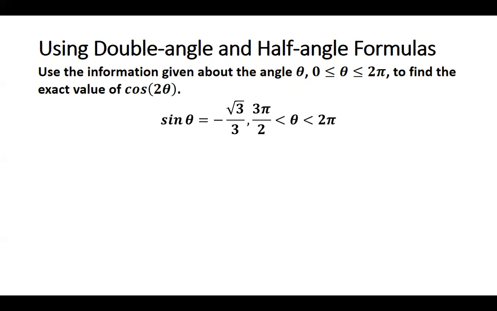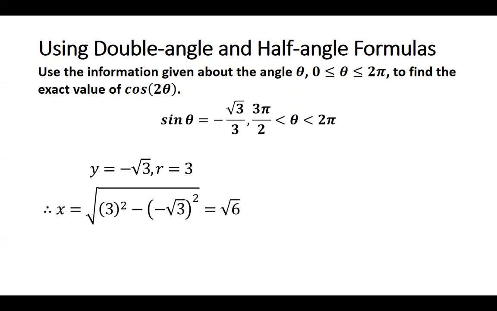So even if we didn't know what quadrant it was in, we would have that information, but we have the quadrant. So y is equal to negative square root of 3, and r is equal to 3. Therefore, x is equal to the square root of 6, again using the Pythagorean theorem.